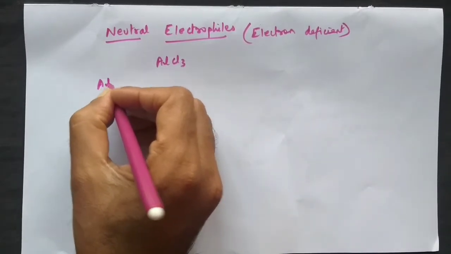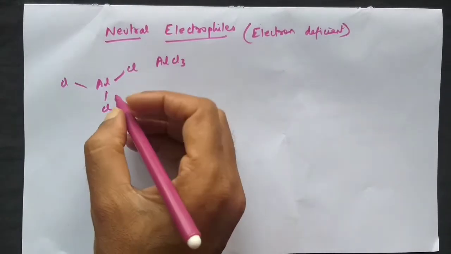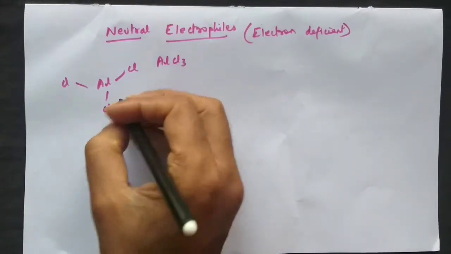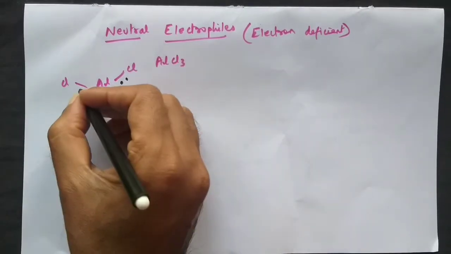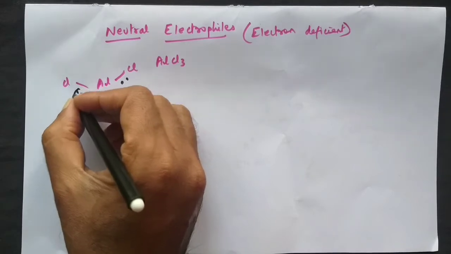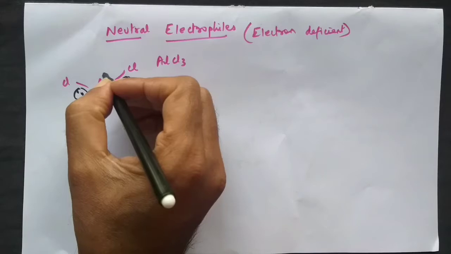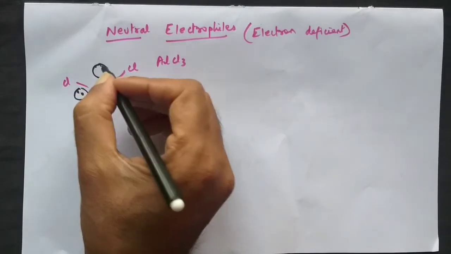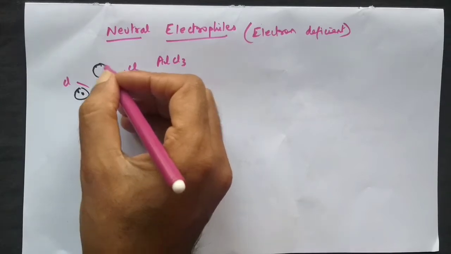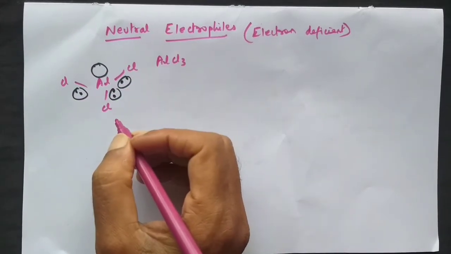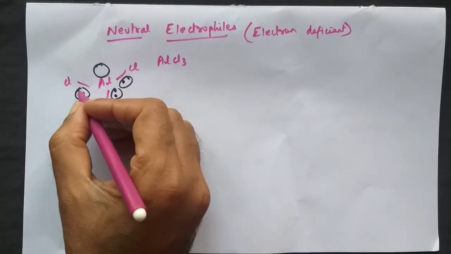I can write aluminum with three chlorines. One bond equals 2 electrons, here also 2, here also 2. So totally it has 6 electrons. But to complete the octet, it needs 2 more electrons, so this part is empty. When it gains 2 electrons here, the octet will be completed to get stability. So it is electron deficient, because it has only 6 electrons.